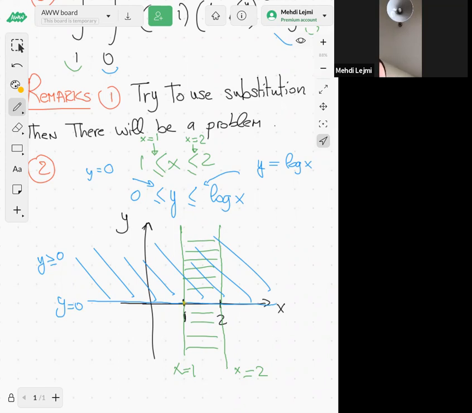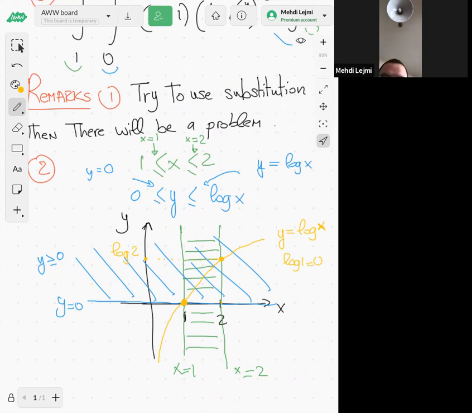So this is y equals log of x. Log of 1 is 0, but then log of 2, the y coordinate of this point here, would be log of 2, right?